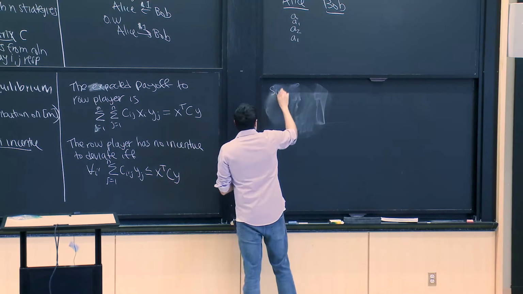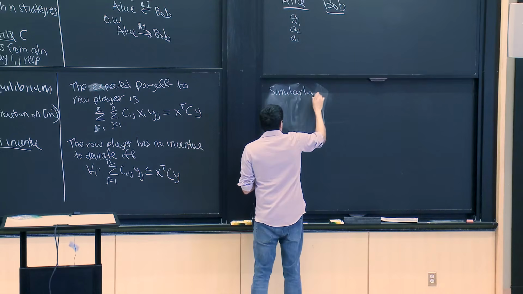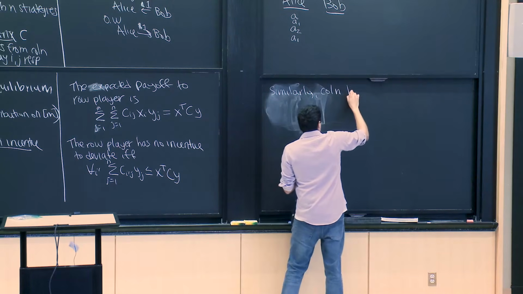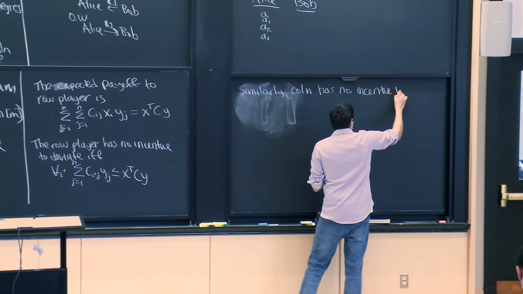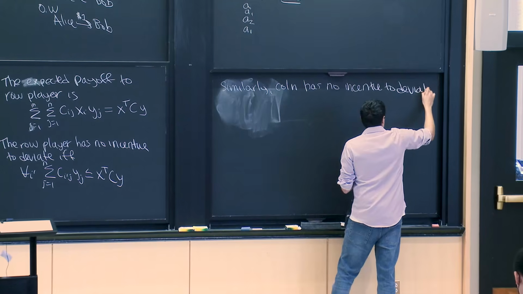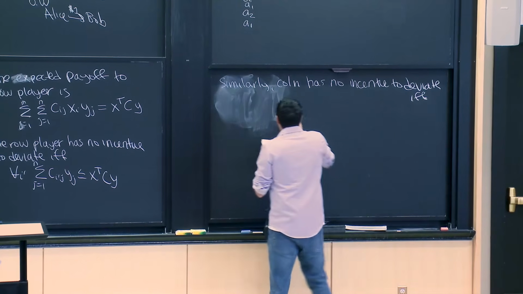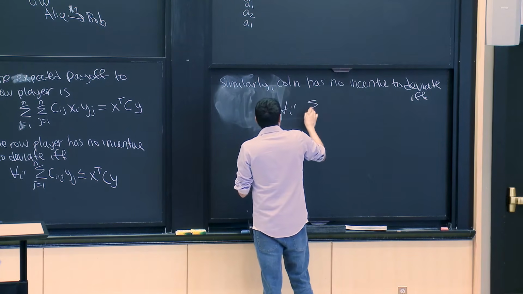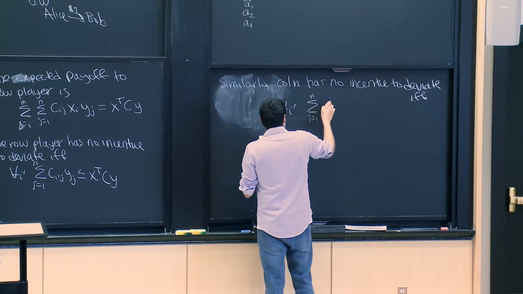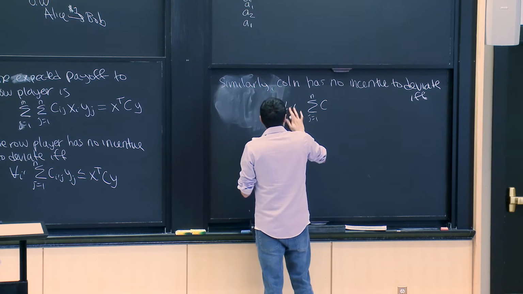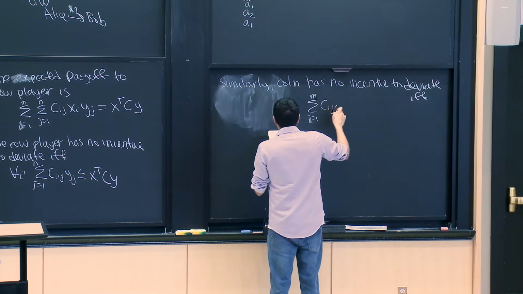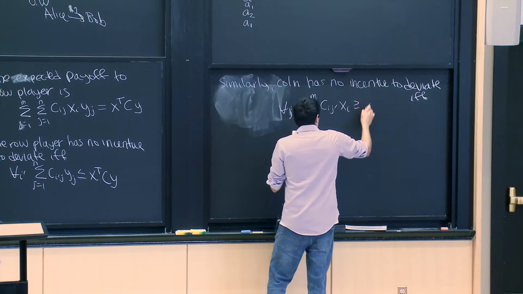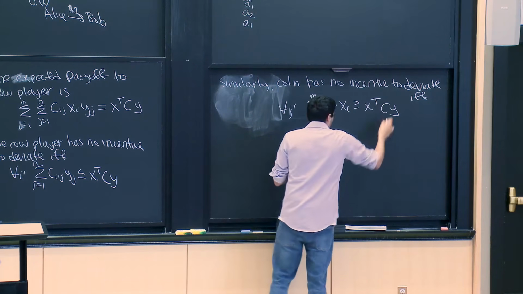So similarly, the column player has no incentive to deviate if and only if, for all j prime, the sum from i equals 1 to m of Cij' xi is greater than or equal to the payoff.